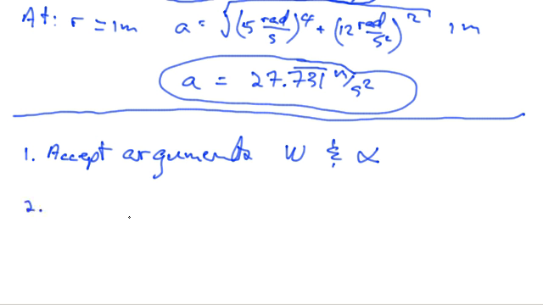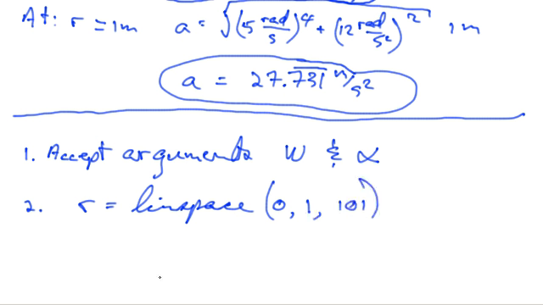Let's say r equals linspace 0 to 1 in 101 steps, and then a equals, I go square root of omega squared, omega to the fourth, I think it was.